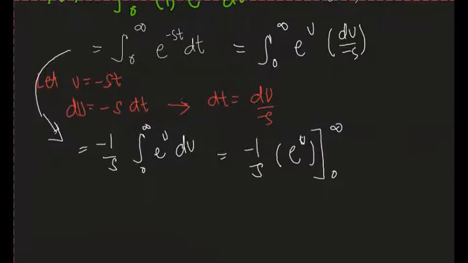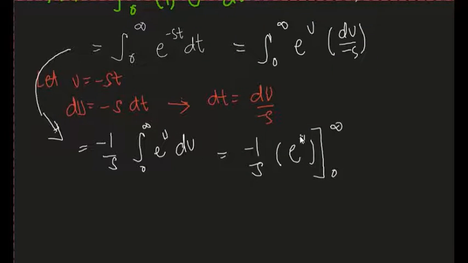Okay, so this time, since na integrate na nato ang aton function, we need to back substitute the value of u. So ang aton nga u is negative st, so this is equal to negative 1 all over s. So substitute kita dere, this is negative 1 all over s e raised to negative st evaluated from 0 to infinity.